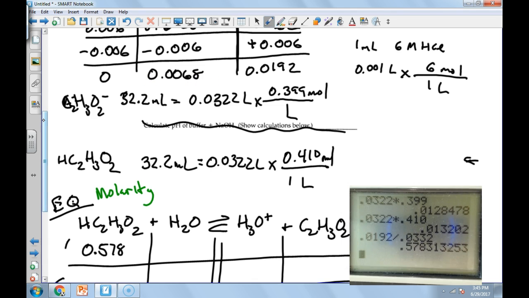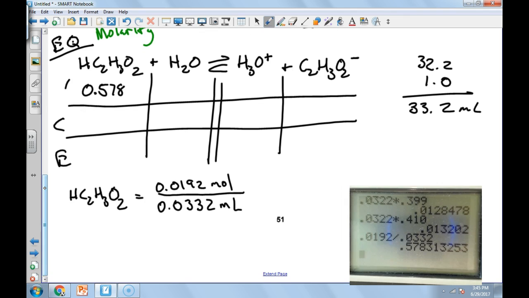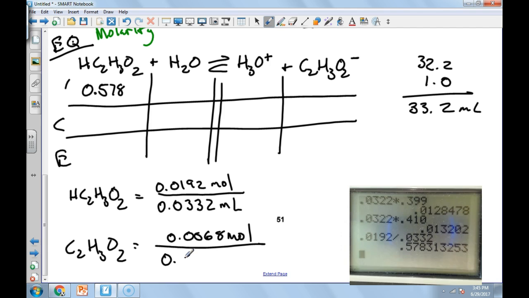Okay, so now for the acetate, C2H3O2, we have 0.0068 moles. And again, it was in a 33.2 milliliter solution. I guess I didn't make my units right. That should be milliliters. It was 33.2 milliliters, so this should be in liters, not milliliters.